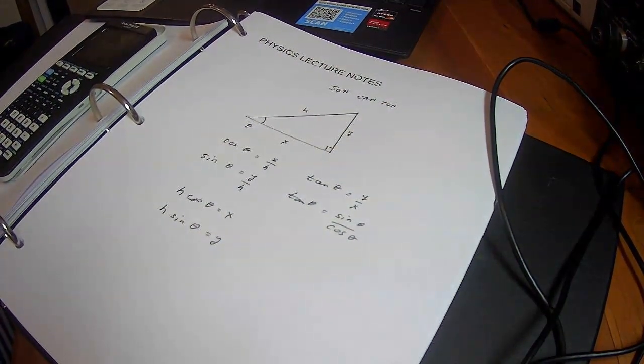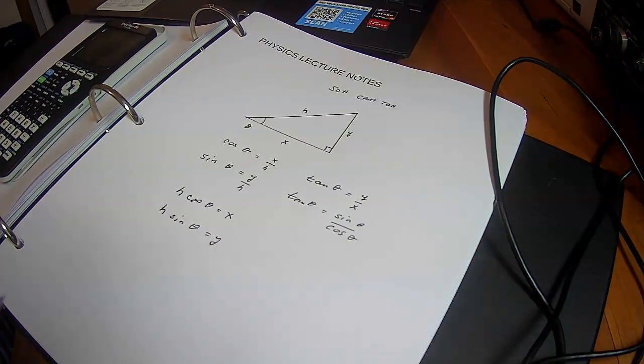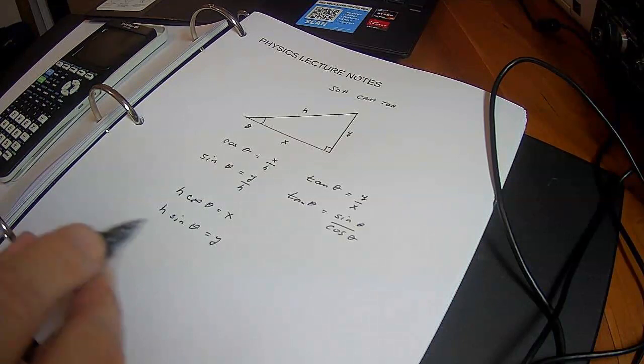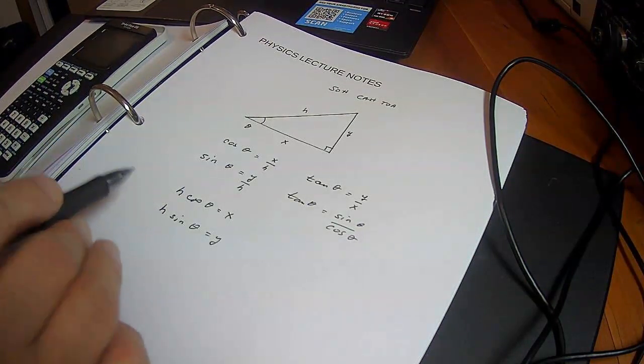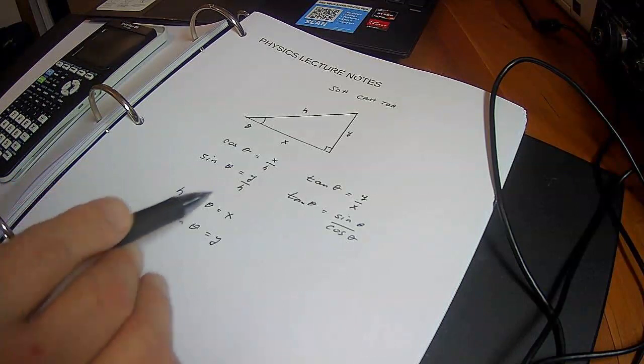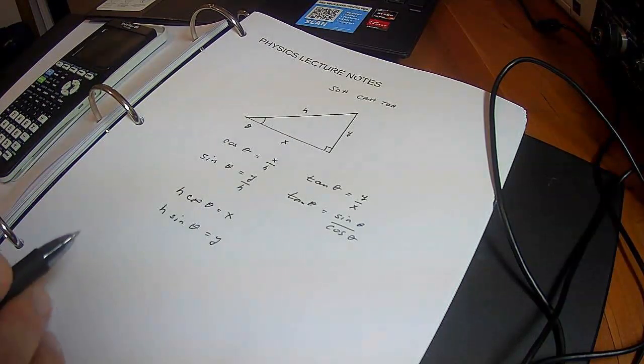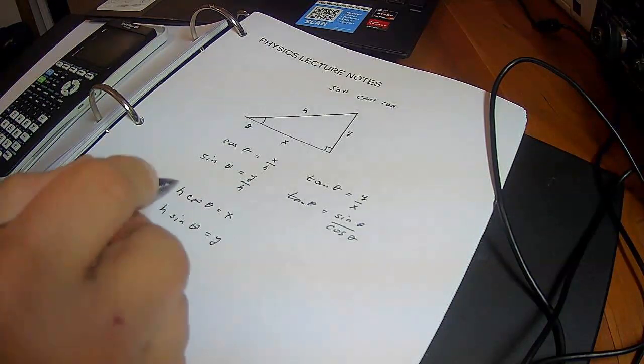Why is this important? Well, because in physics, we oftentimes need to break down things into their components, and these things are vectors, and I'm going to give you a whole video on that. But I just want you to get familiar with these relationships, or should I say refamiliarize yourself with these relationships.